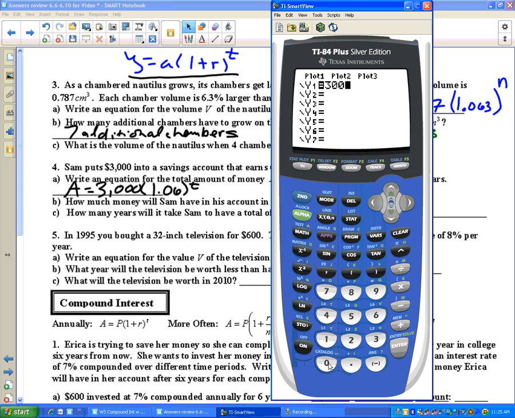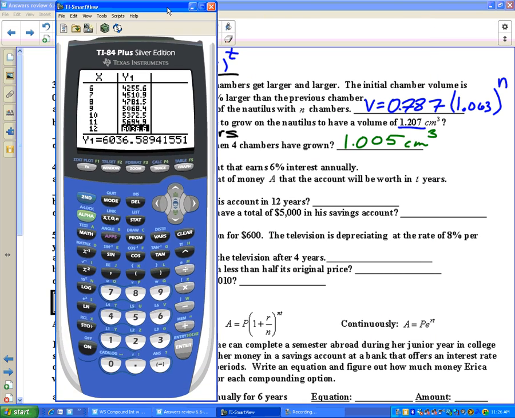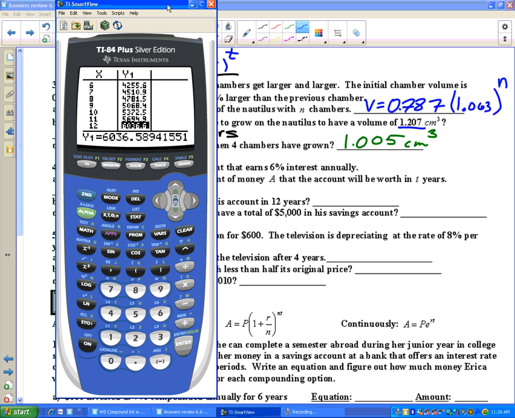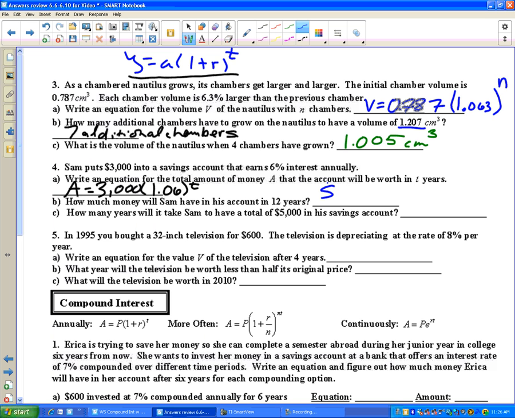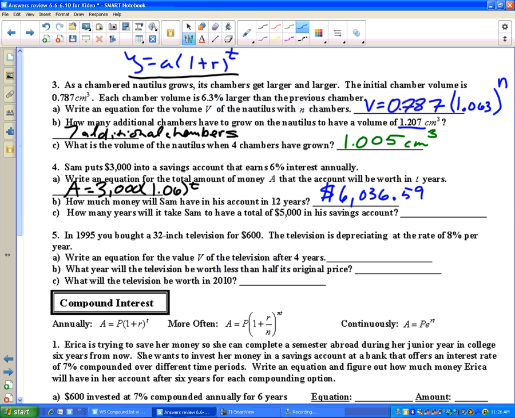So I'm going to hit second graph, and I'm going to go to my table, which is 12 years, is $6,036.59. $6,036, and I believe I said 59 cents. 58.9 is 59 cents.